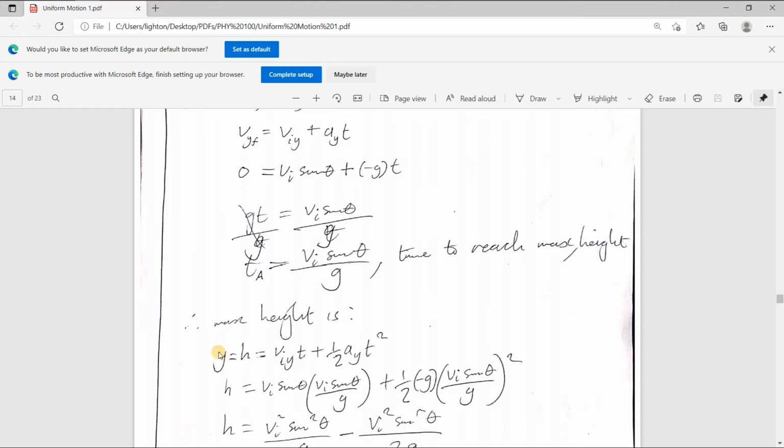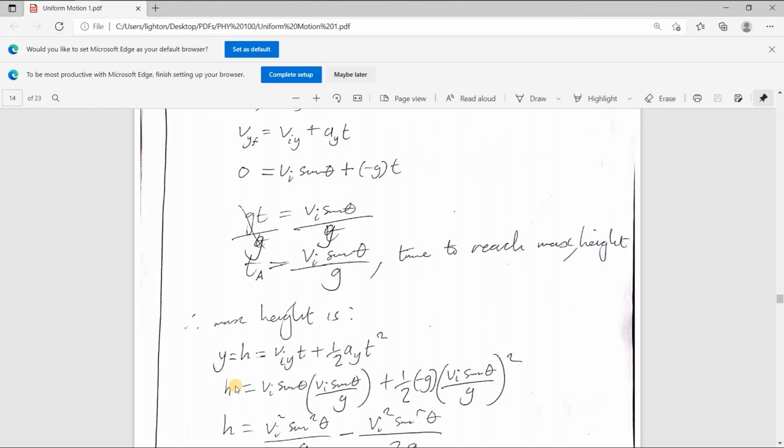So I'm using y because now I'm dealing with the vertical motion, which is the y-axis. That's what we want to find. Maximum height is in the y-axis. That's why we're dealing with y here. So y is equal to Viy t plus half Ay t squared.